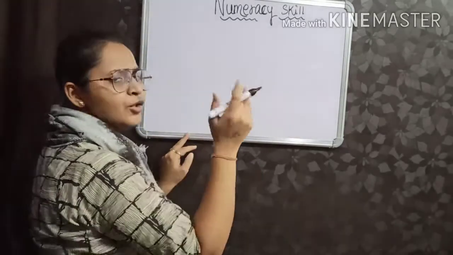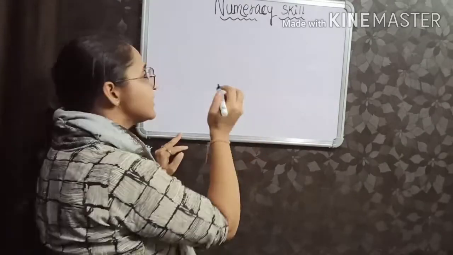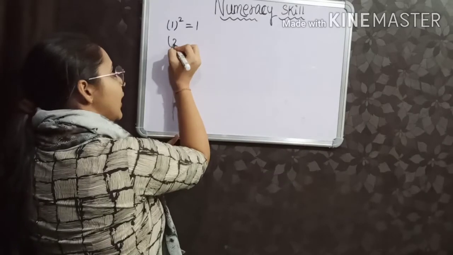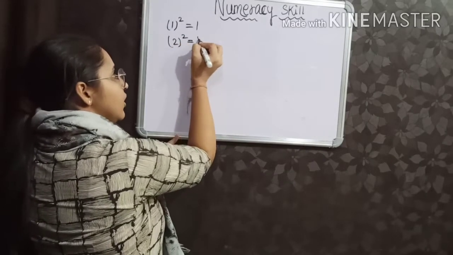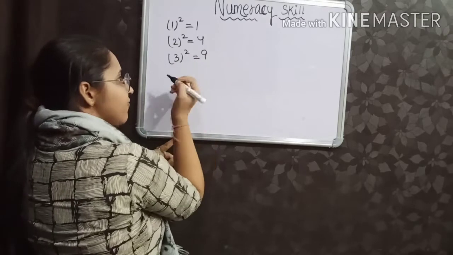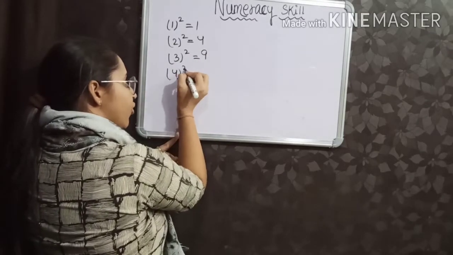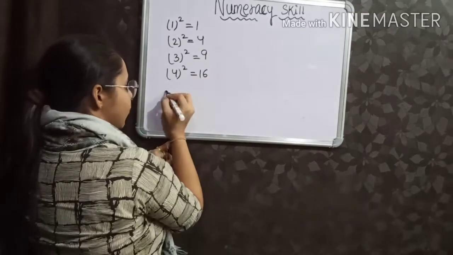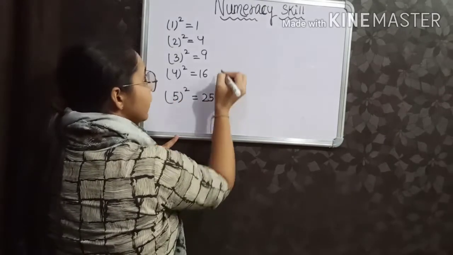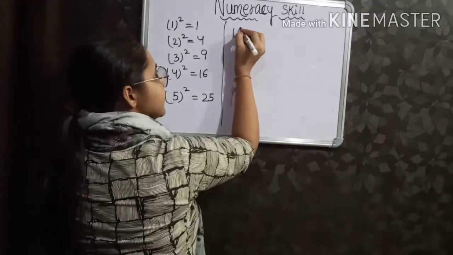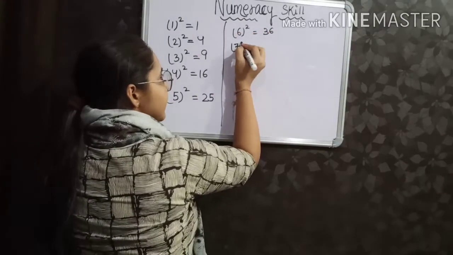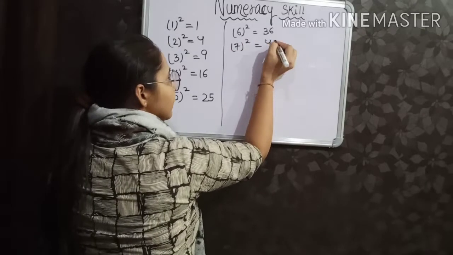First of all, you know very well the square of 1 is 1. Square of 2 is 4. Square of 3 is 9. These are very easy. Square of 4 is 16. Square of 5 is 25. Square of 6 is 36. Square of 7 is 49.